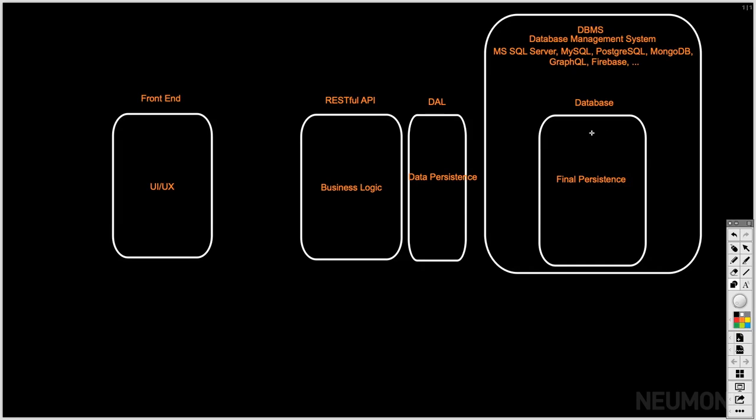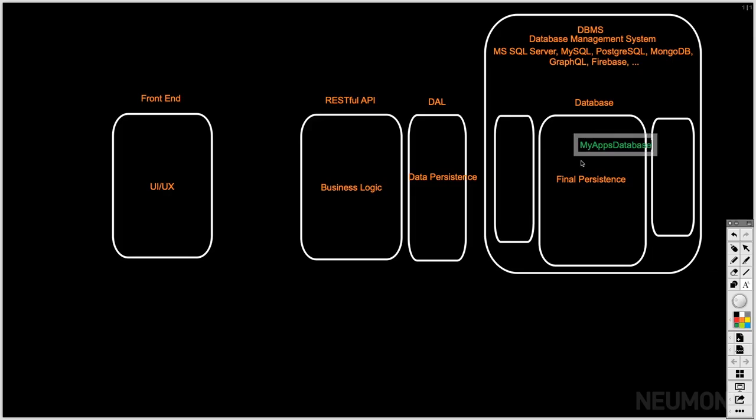And then we usually have more than one database that lives inside of a DBMS. So we might have a database here and a database here, and maybe this particular database, let's label these just so we can see what I'm talking about. Maybe this database right here is specifically for our application, so we'll call this My Apps Database.